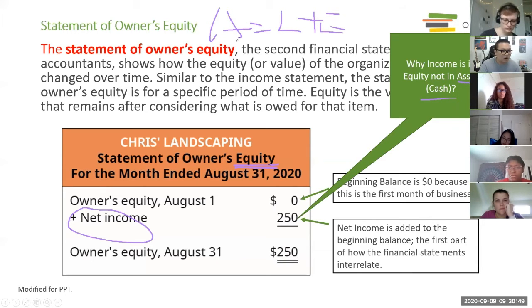Asset is what the company already owns, and equity is what the company owners own, the stockholders. So can anyone tell me, in your opinion, why the income is not included in the cash items in the asset? We actually talked a little bit about these things before.